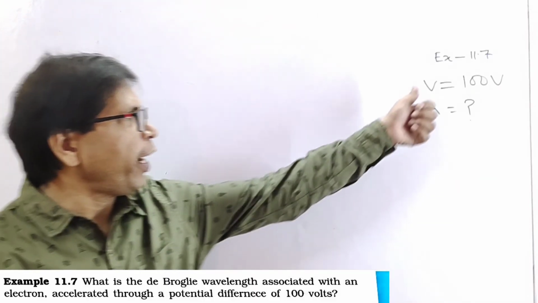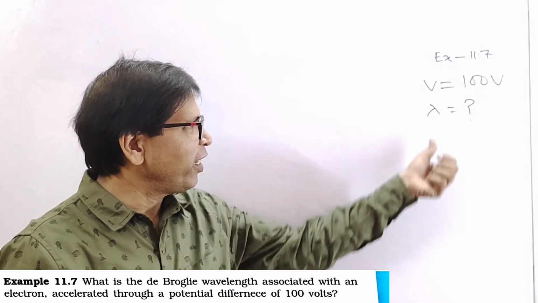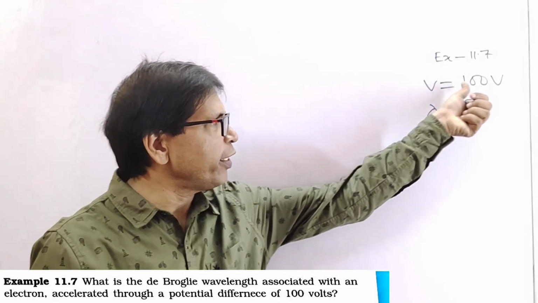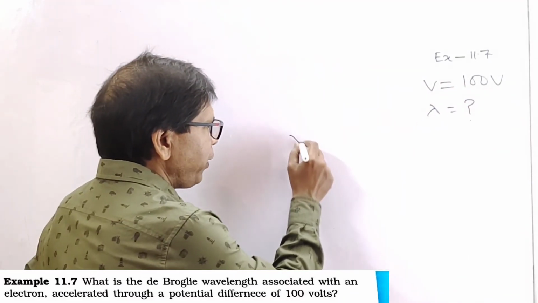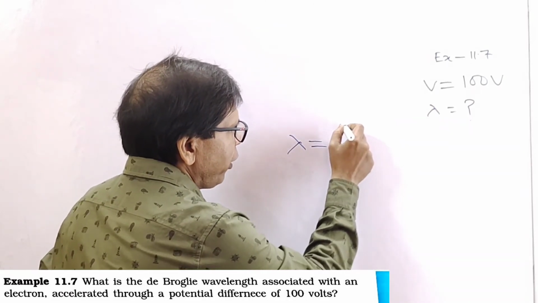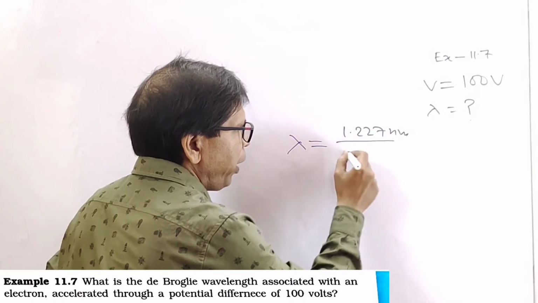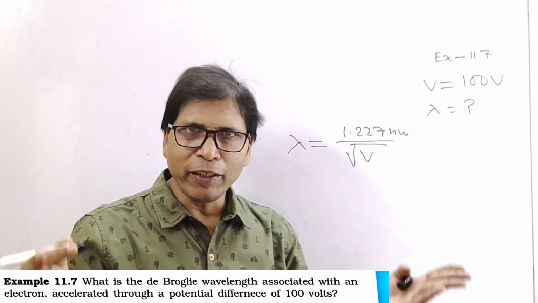Now example 11.7, we have to calculate the wavelength of an electron accelerated with potential difference of 100 volt. We know the wavelength of accelerated electron is 1.227 nanometer divided by root under V, where V is in volt.